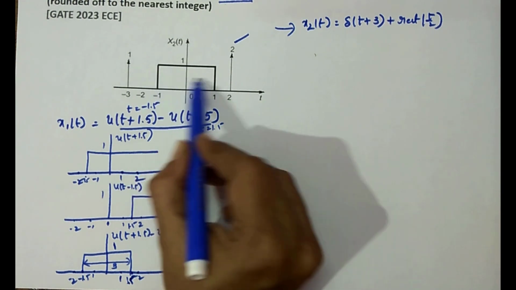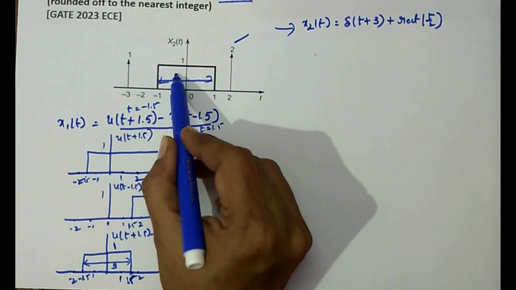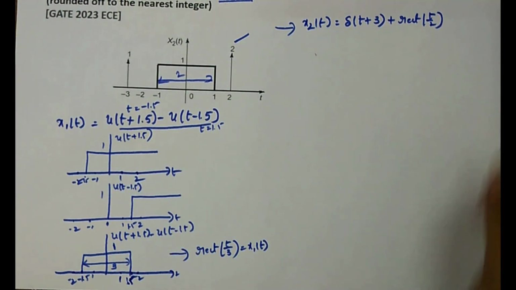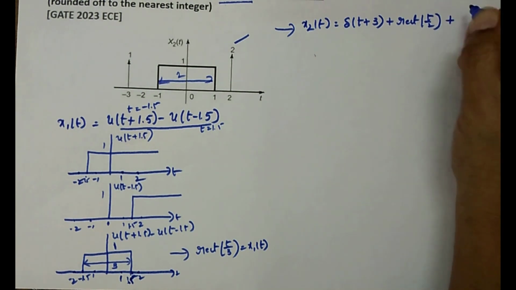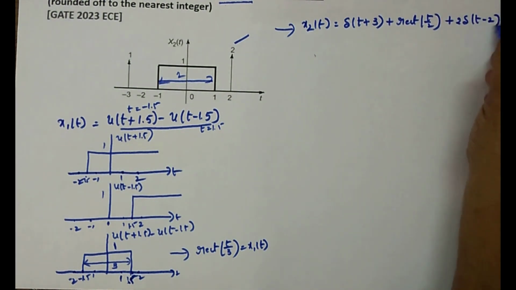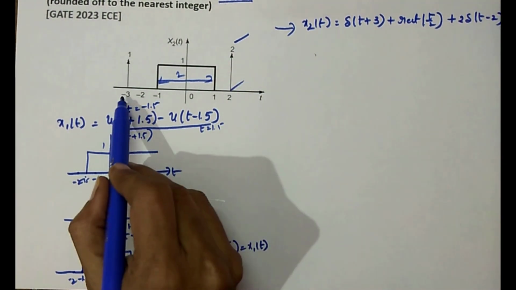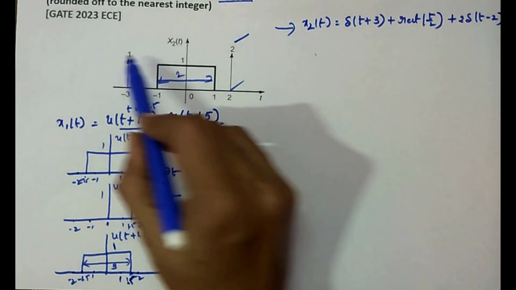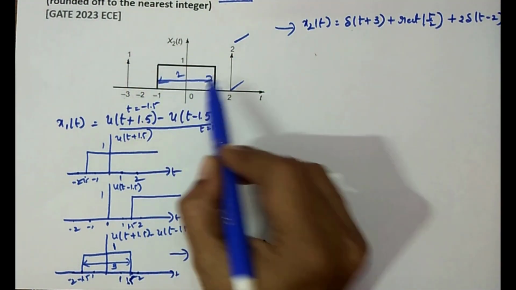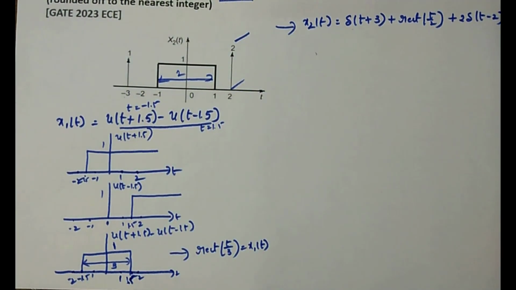See here, the period is 2. Plus 2 into delta of t minus 2, that is for this impulse. Here the impulse is at minus 3, so it is delta of t plus 3, amplitude is 1, and this is the rectangular pulse.